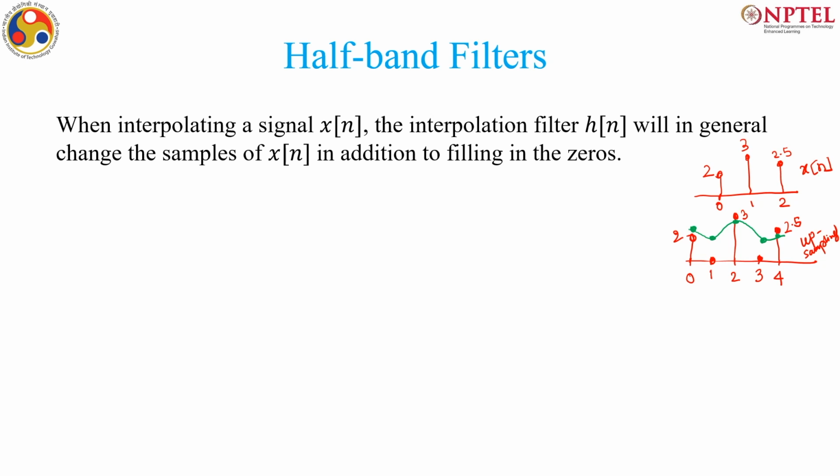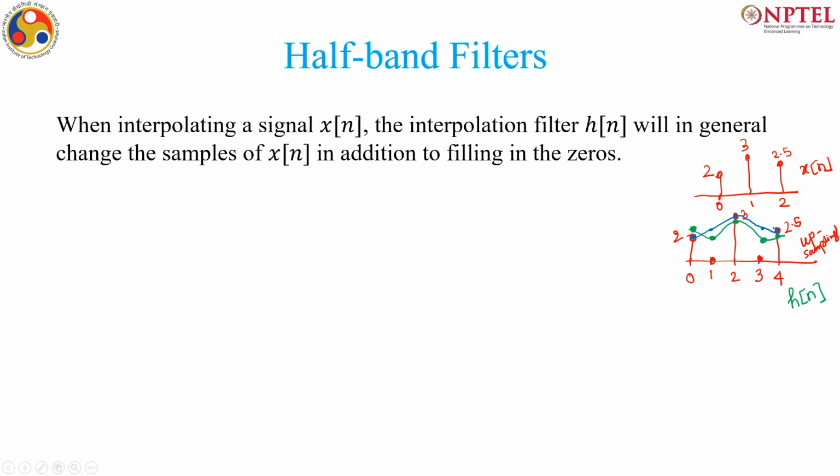So, the question is, can I design a filter h of n, let me use another color, maybe blue, such that my original values of the signal remain intact and the other values can be anything, it does not really matter, something like this.